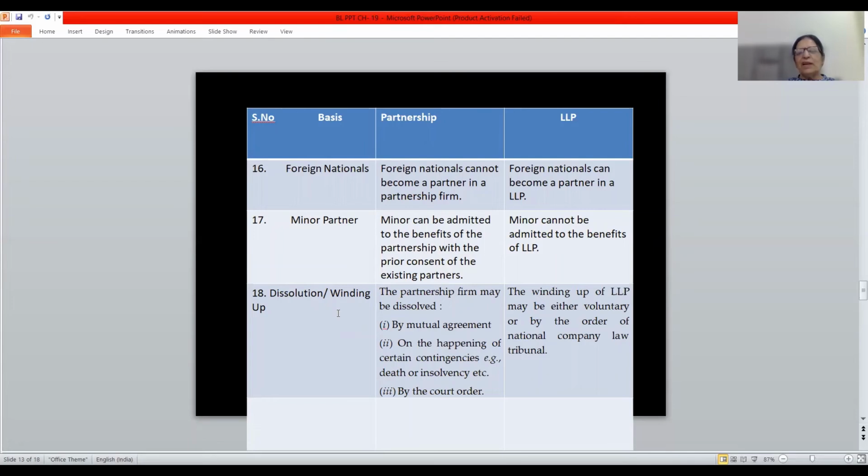So either there can be voluntary winding up of the LLP or compulsory winding up of the LLP by the order of the National Company Law Tribunal. And this LLP can also be wound up under IBC, which I will take up later on in one of my videos.